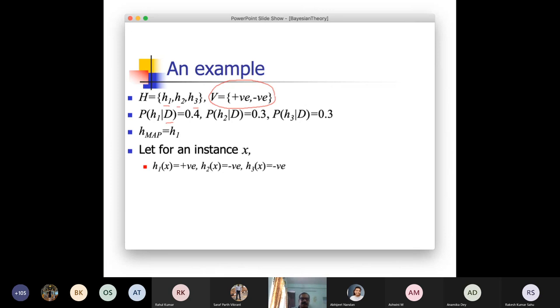So for example, for an instance, you have these kinds of outputs given X. The output is either positive or negative for a hypothesis.